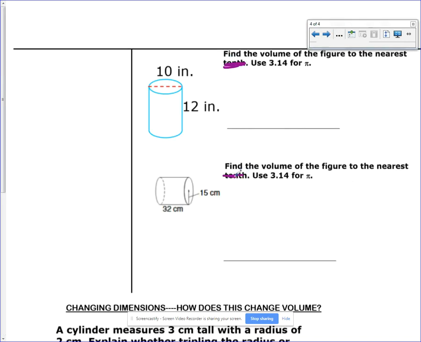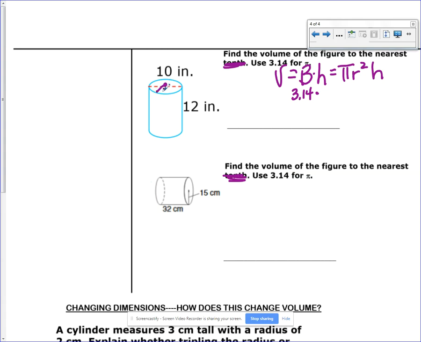Again, I'm crossing out the tenths because I'd just rather go to the hundredths. All right, on this one, volume is area of the base times the height. Because it's a circle shape for our base, we use pi r squared for the area of the base times the height. 3.14 times the radius squared. Careful!